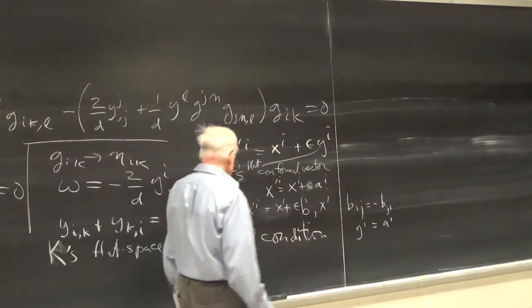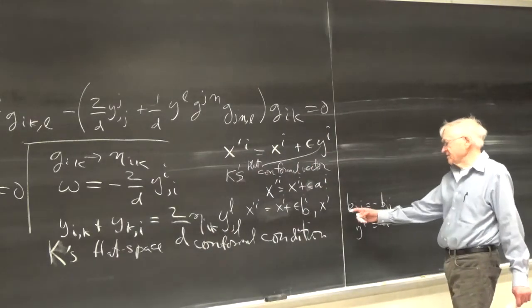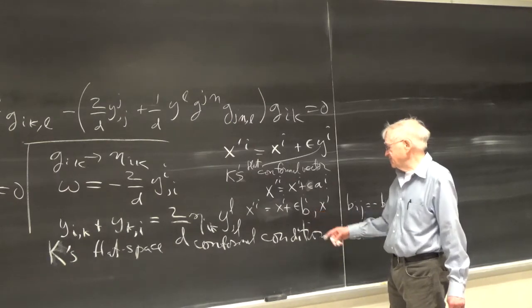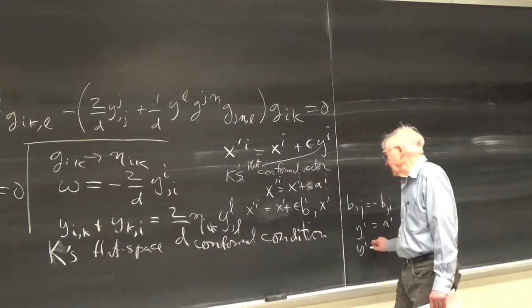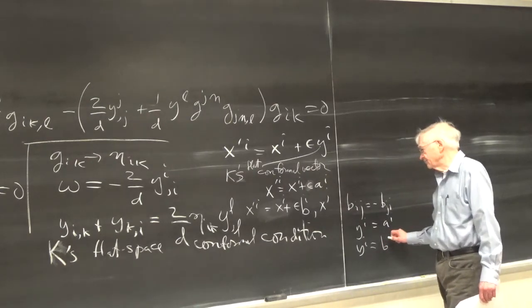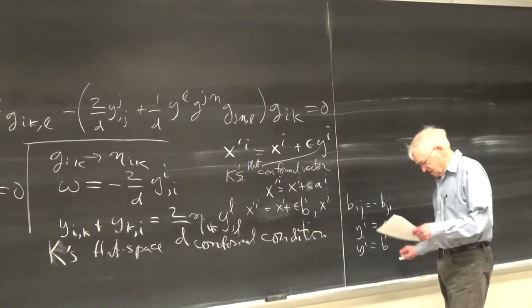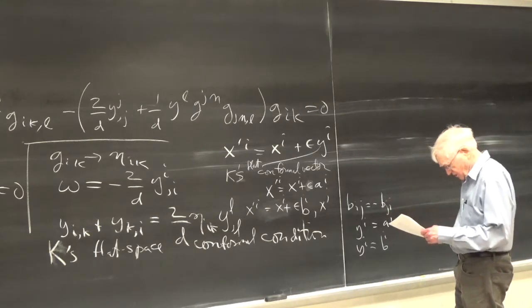So the translation satisfies Killing's flat space conformal condition. For the case of Lorentz transformations, we have b I J, then Y,I is, let's see, what is Y,I? I've got two indices here.